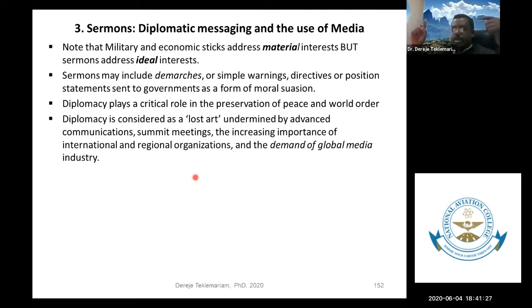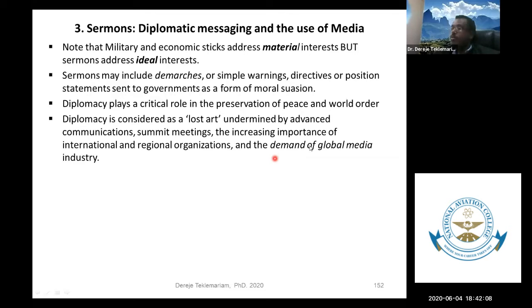It is a lost art undermined by advanced communication, because the attention that should go to diplomacy is wrongly being replaced by advanced communication systems, even summit meetings like the European Summit, the Africa Summit, the Global Summit, the G8 or G20 Summit, the increasing importance of international and global organizations, and even the demand of the global media industry.